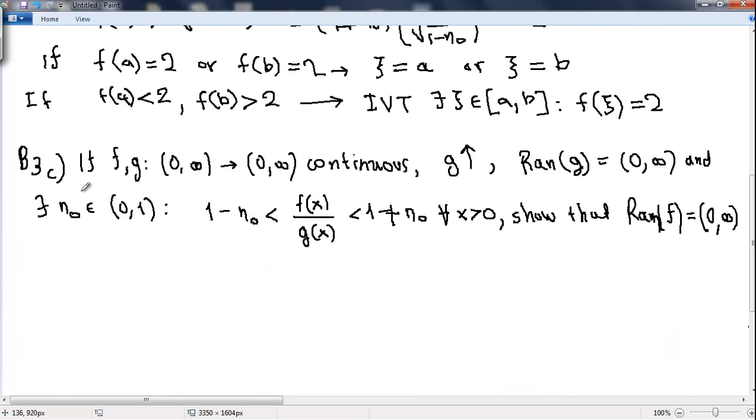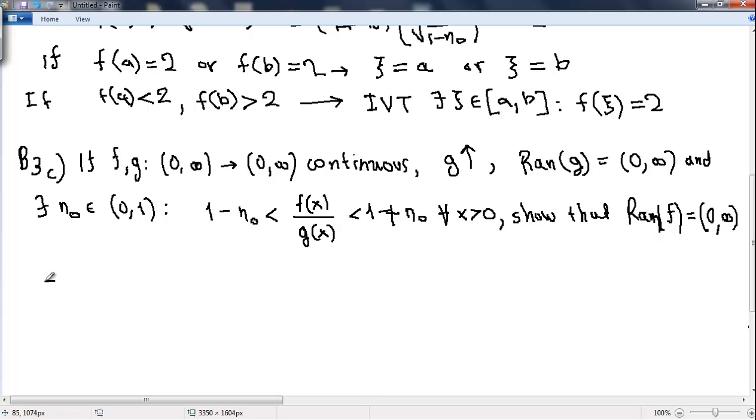Now we have the second part. You have f and g continuous, g is increasing, the range of g is 0 to infinity, and there exists an eta 0 such that this relation here is true. I want to show that the range of f equals 0 to infinity. What does it mean?